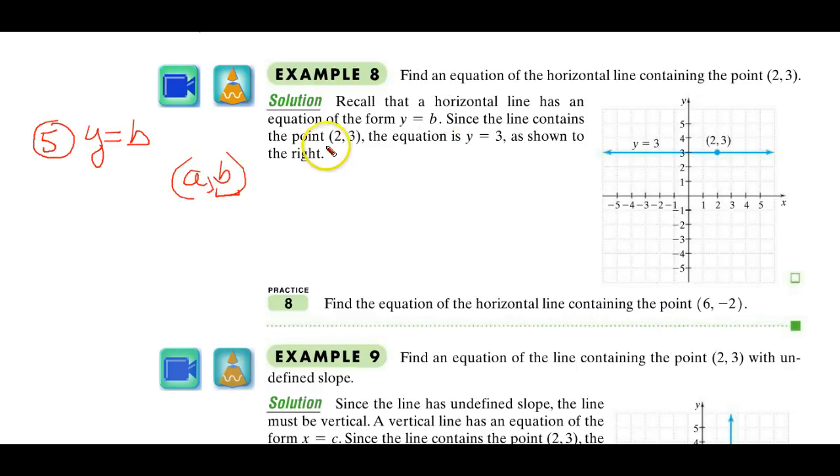So here they're giving you a point. They're saying they want to write a horizontal line going through this point. Then your B value, which is your y coordinate there, that would be your equation. Y equals 3. And there it is.